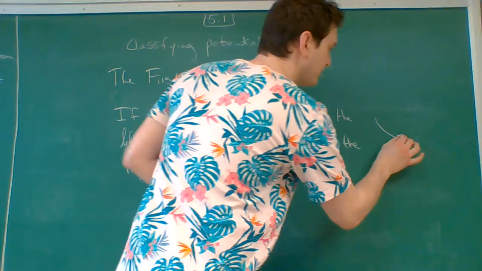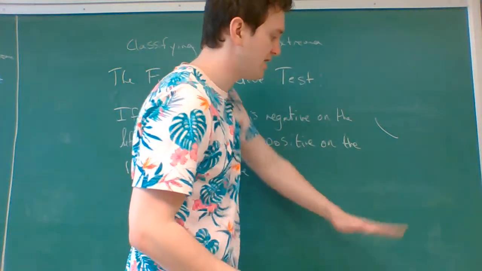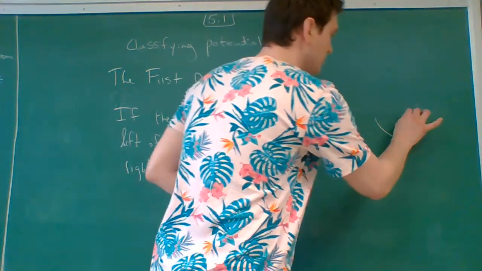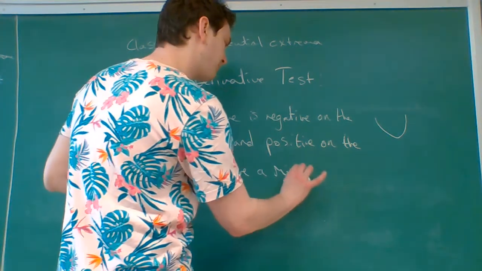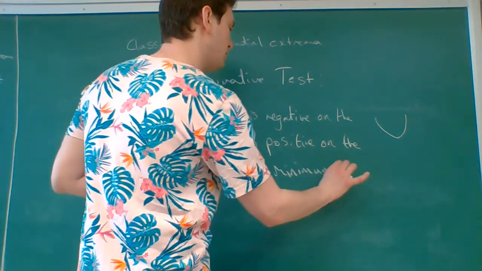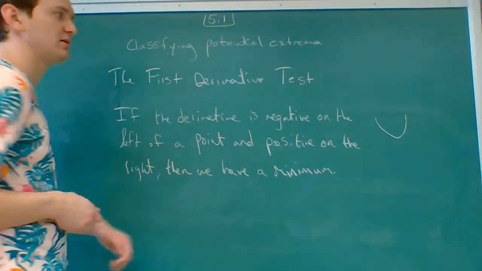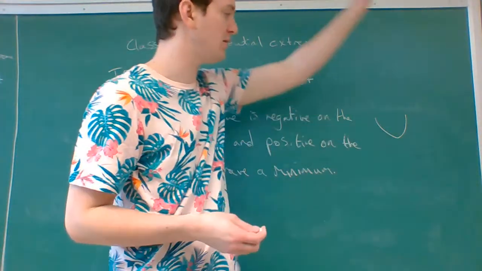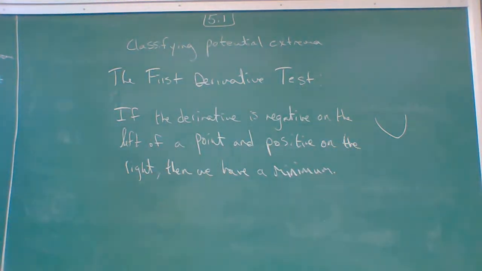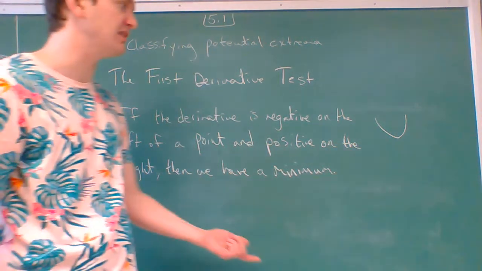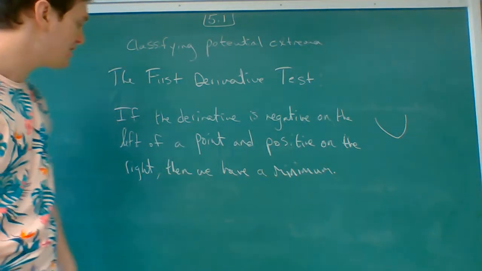If it's positive on the right, that means it was negative on the left, and then on the right it's pointing up, like that. Then we have a minimum. See why? It's negative and then positive, so that value must be a minimum. It doesn't tell you if it's absolute or relative, it just tells you that it's a minimum.